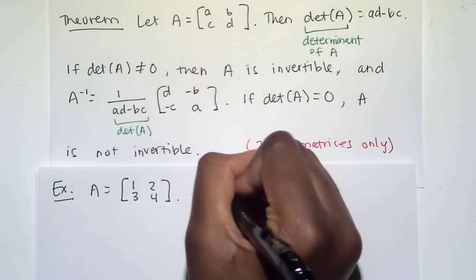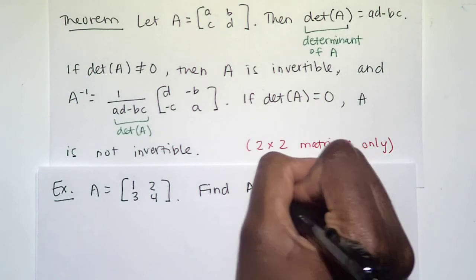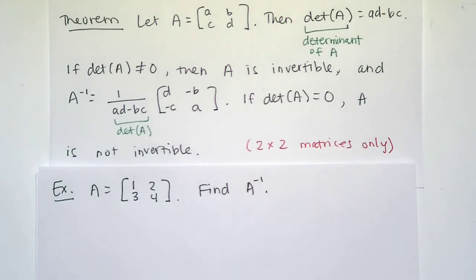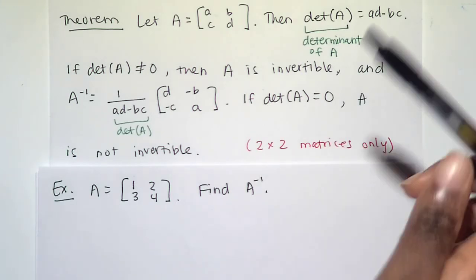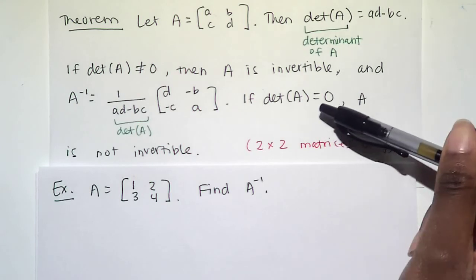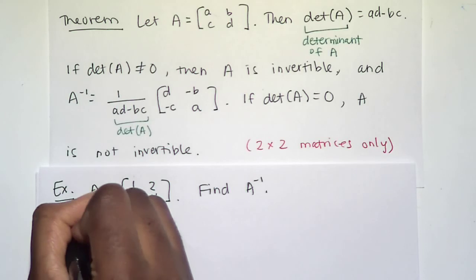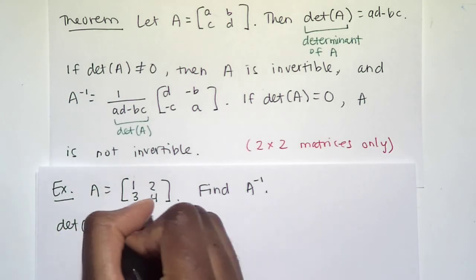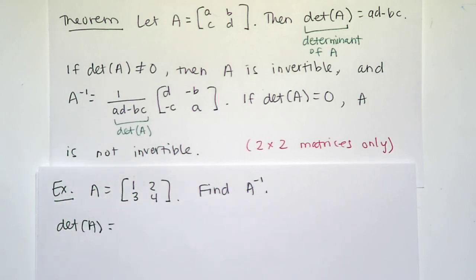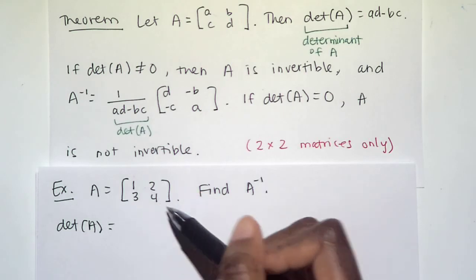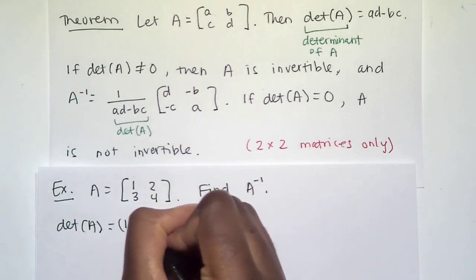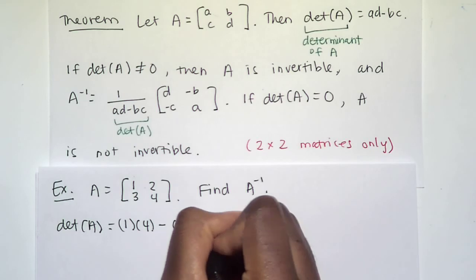And we want to find A inverse. All right, well, based on the theorem, in order for it to be invertible, the determinant should not be 0. So let's find the determinant of A first. Remember, multiplying across the diagonals and subtracting.